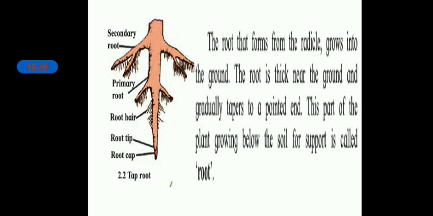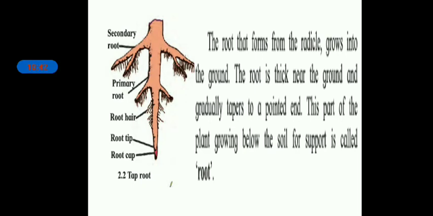At the end of it there is a root tip which is delicate and the region of growth of the plant, and it contains the root cap which protects the root from injury. It also contains the secondary roots which grow obliquely to provide more support to the tree. It also contains root hair. That's the working of it.